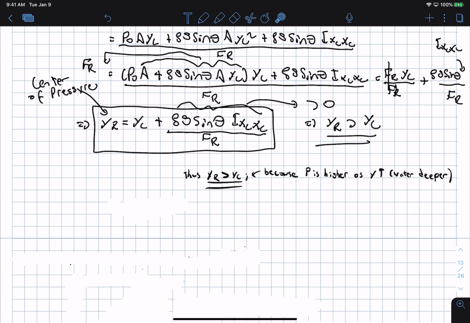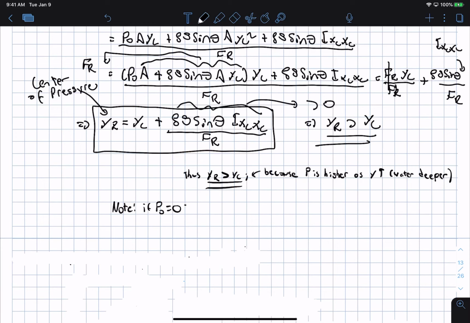Basically the center of pressure is always deeper than the centroid value because pressure is higher as you increase y, or the depth of the water. And you can make a simplification to this expression here, although I prefer to use it this way, it's a bit more general.